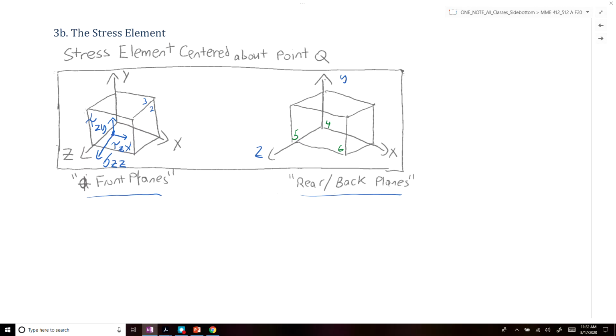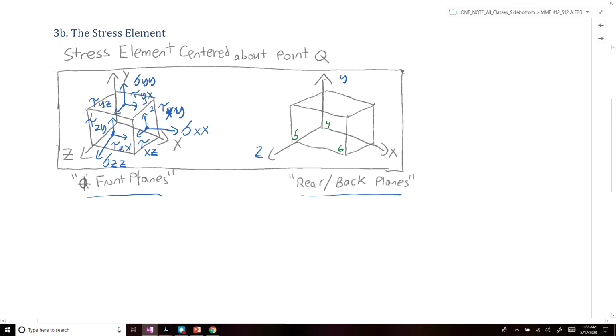Similarly, on the right-hand side of the cube, our normal stress would be going along the x-axis, so it would be sigma xx, and then we would have 2 shear stresses: tau xy and tau xz. The last face of our cube is the top of the cube, which will be normal to y, sigma yy, and I'll have 2 positive tangential stresses, tau yx and tau yz.